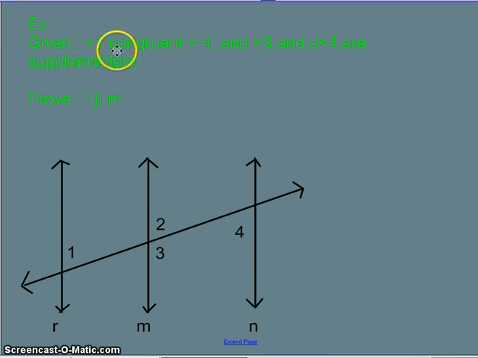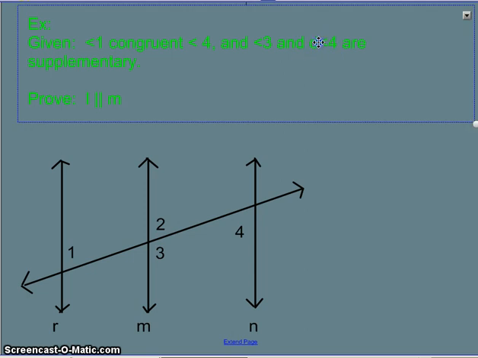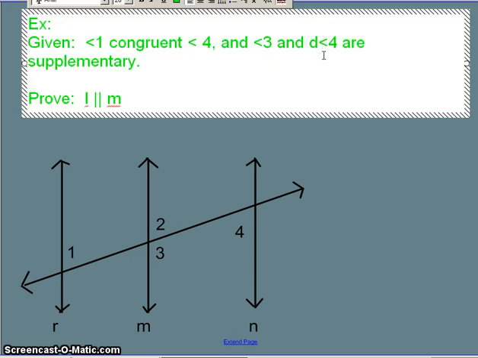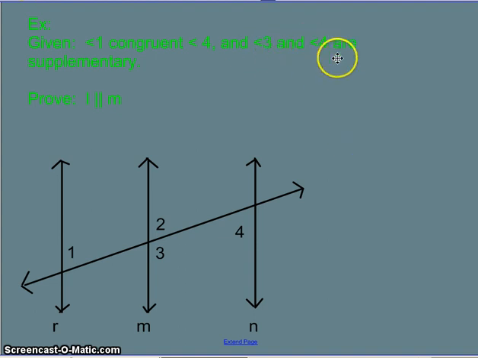We're going to be given that angle 1 is congruent to angle 4, and angle 3 and angle 4 are supplementary, and we're going to have to prove that L is parallel to M. I think I've got a little typo right here. I'm going to take care of that real quick.